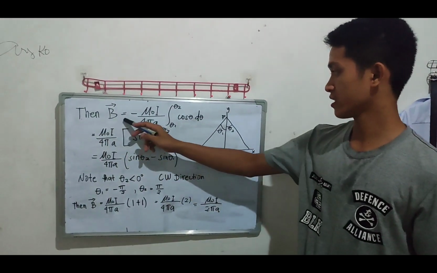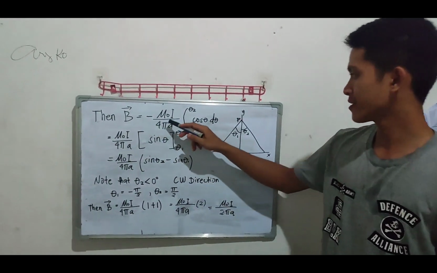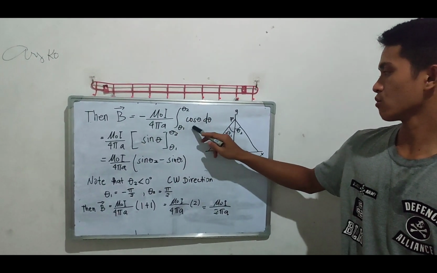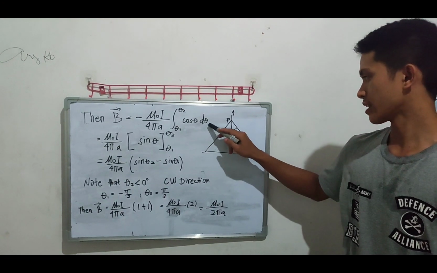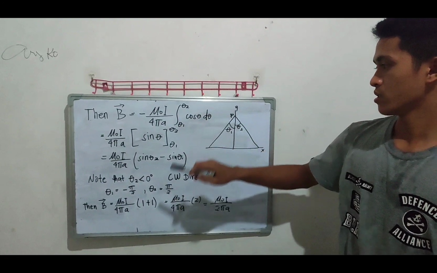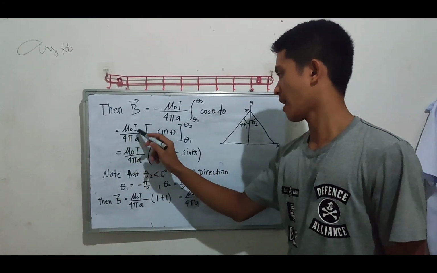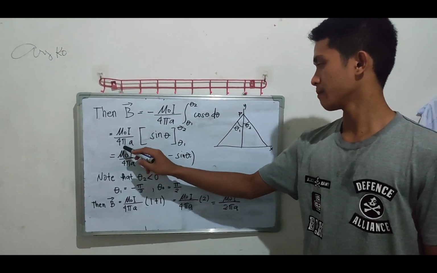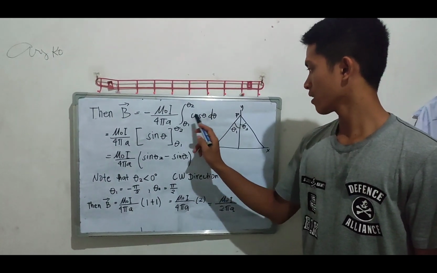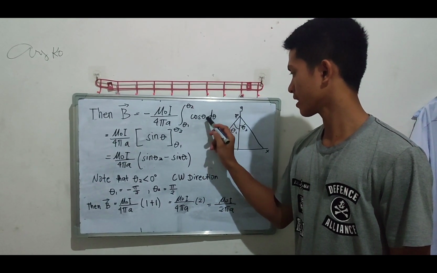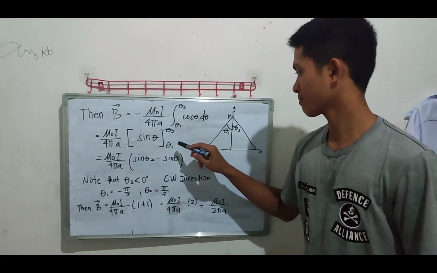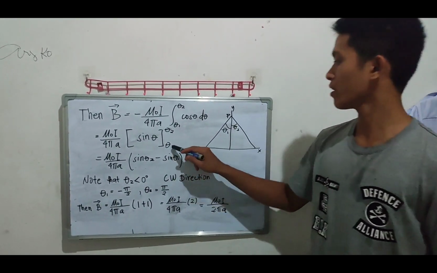The magnetic field is equal to negative mu sub 0 I over 4 pi a times the integration of cosine theta d theta from theta 1 to theta 2, which is equal to mu sub 0 I over 4 pi a times the integration of cosine theta, which is sine theta, from theta 1 to theta 2.